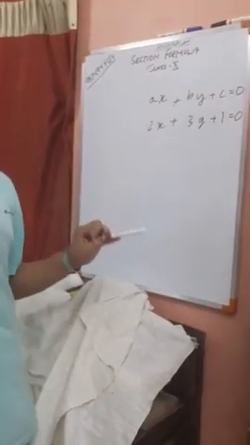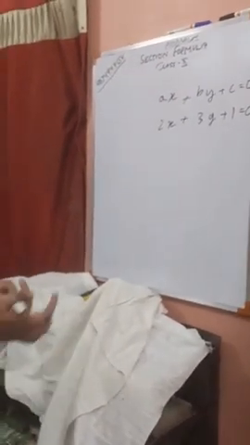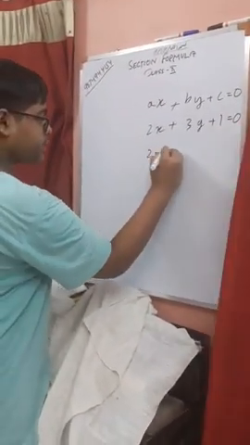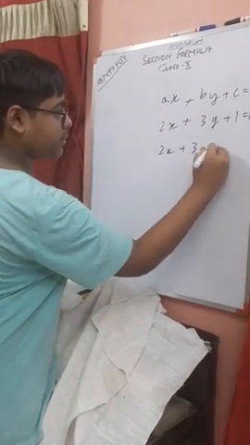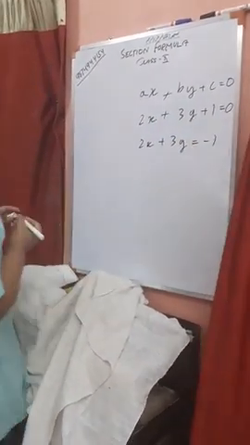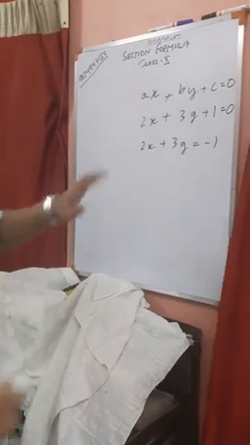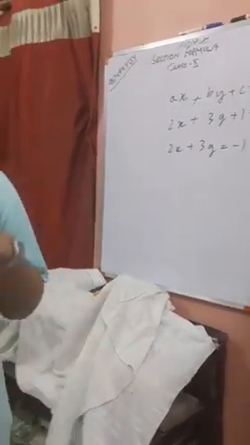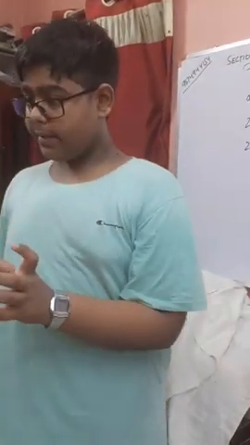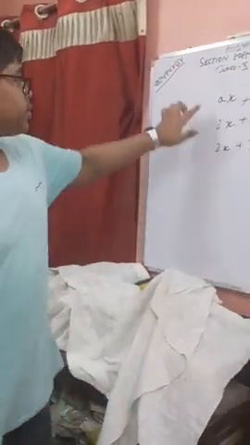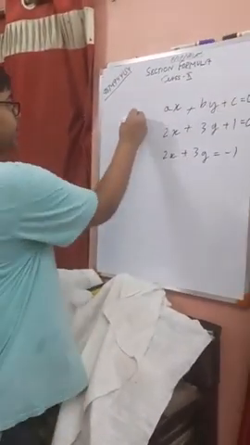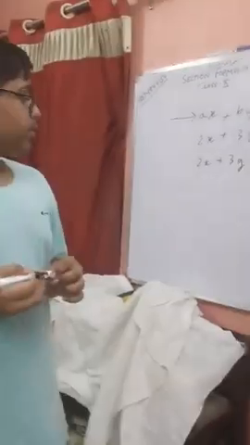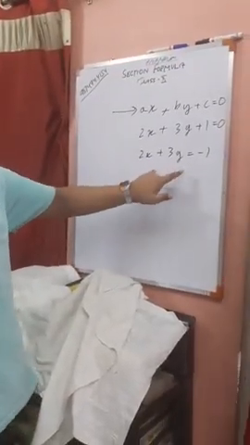2x plus 3y plus 1 is a linear equation which can be written as 2x plus 3y is equal to minus 1. Now, we are also given some types of questions in which we are given a format to write the linear equation in. Suppose this is the basic format to write a linear equation in. Now, for example, we have a linear equation 2x plus 3y is equal to minus 1.